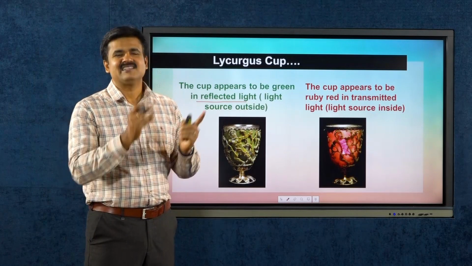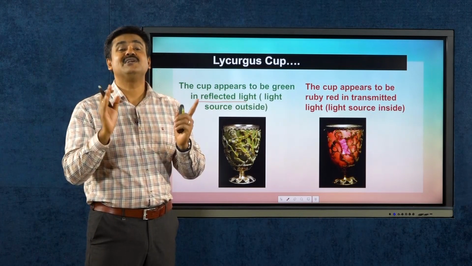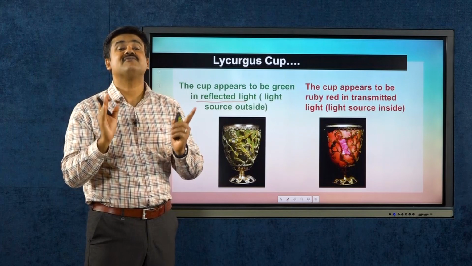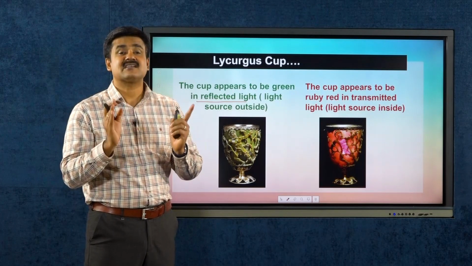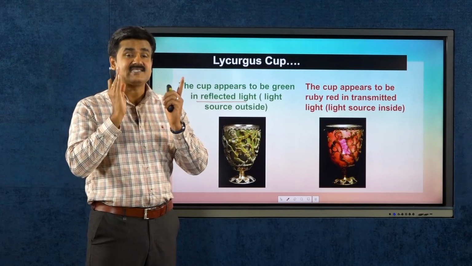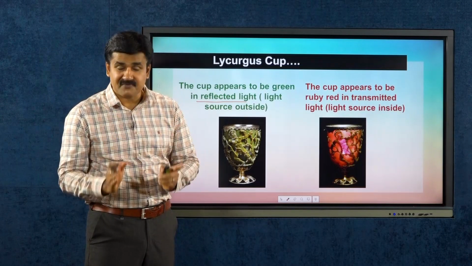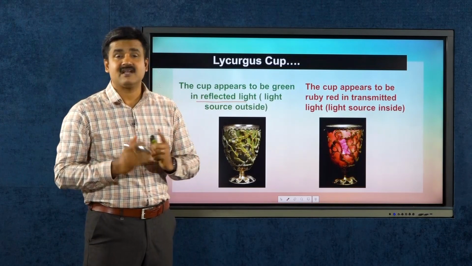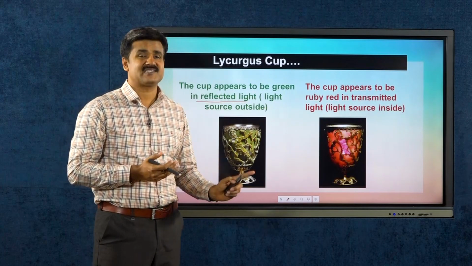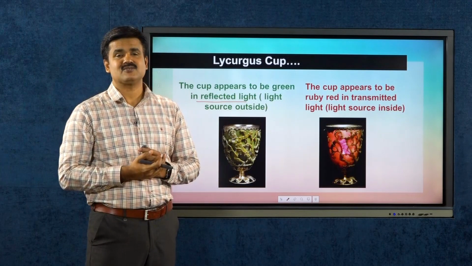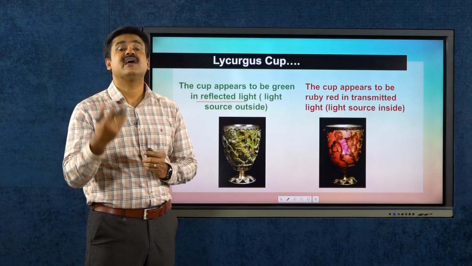That means the cup shows two different colors in two different lights. This is called dichroism, the dichroic effect, and it is very clear that this dichroism is due to the presence of gold and silver nanoparticles.